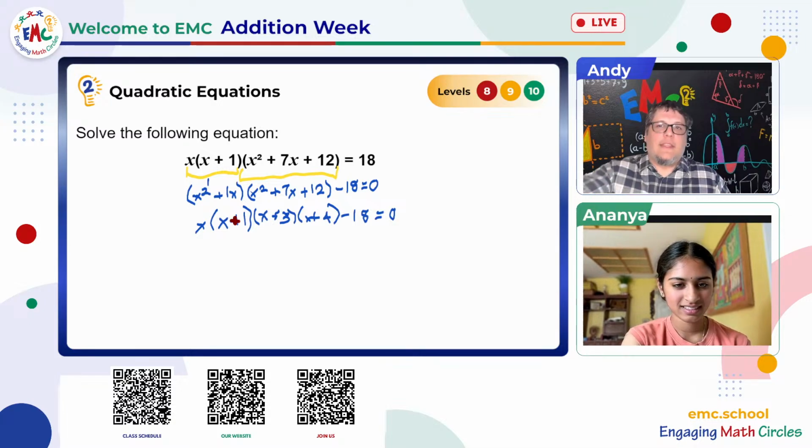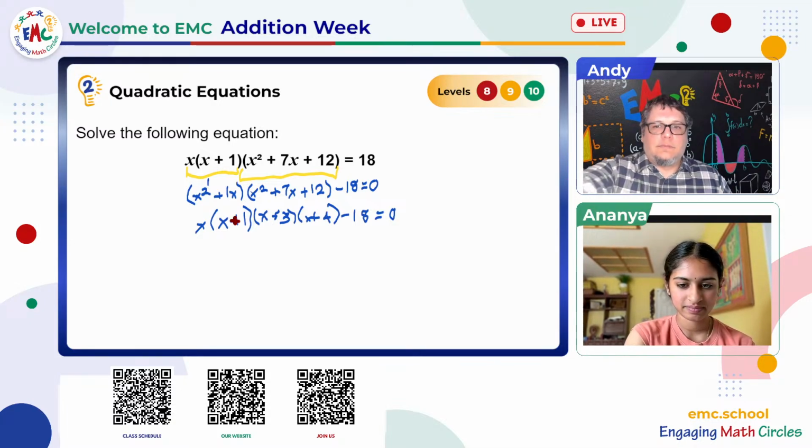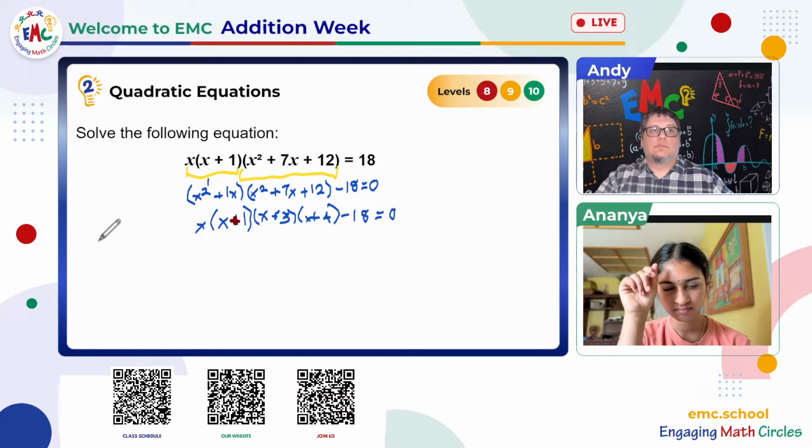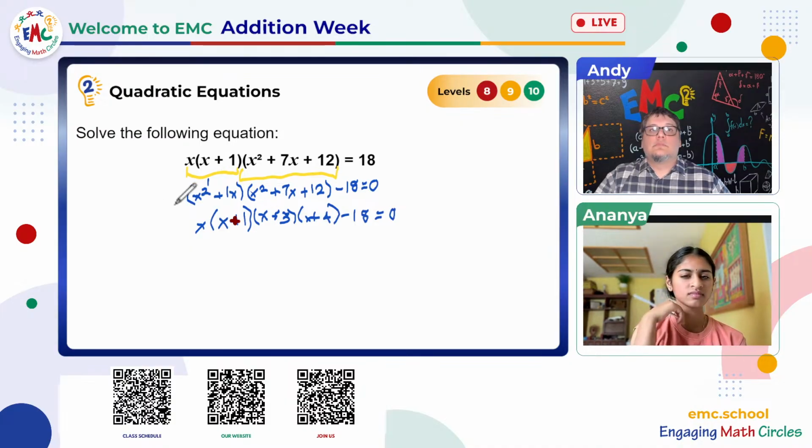Okay, then there must be a trick, right? What do you notice? What pattern do you see? Like in the work so far?